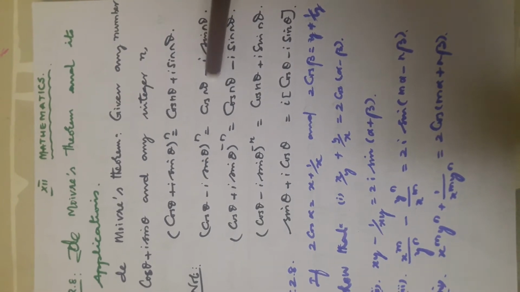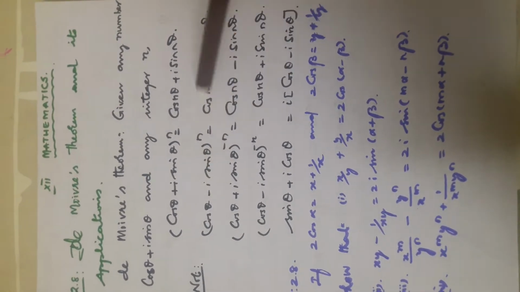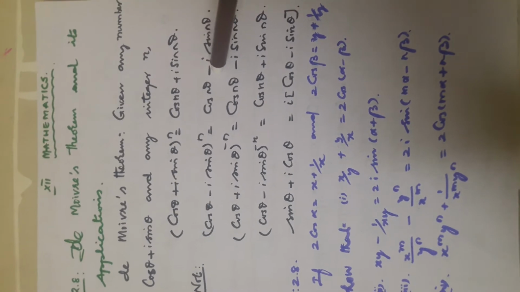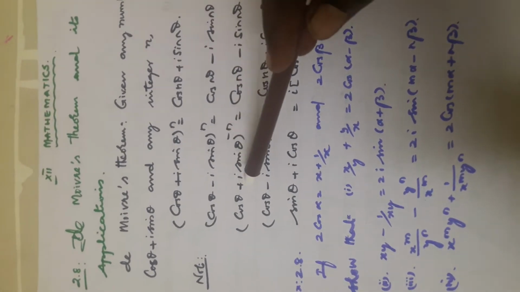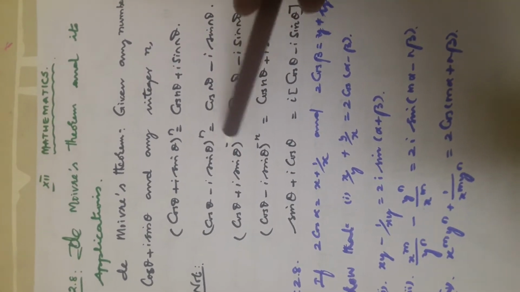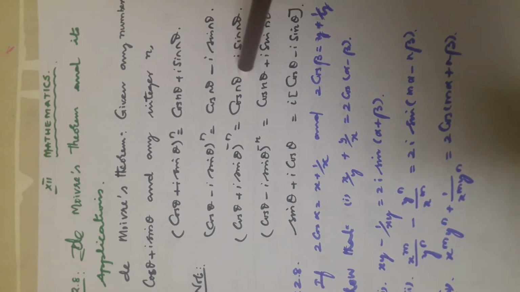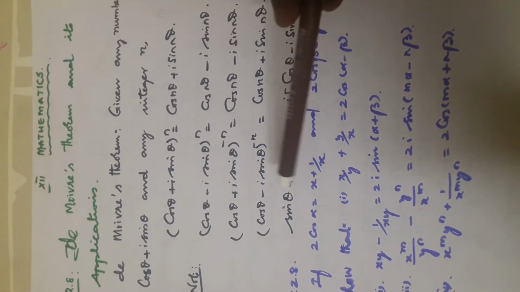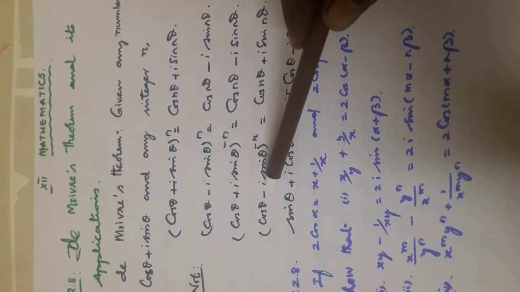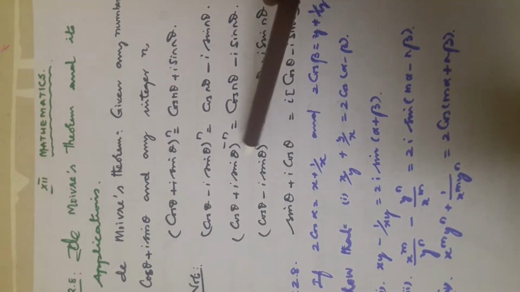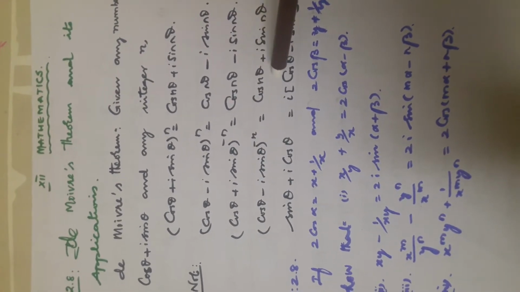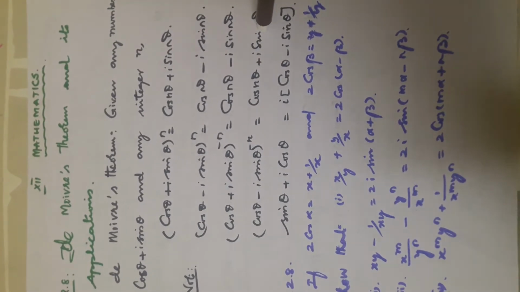Only the sign in the middle is minus, so the same thing is maintained here also. But here it is plus, and the power is minus n, so your answer will be cos n theta minus i sin n theta. Suppose the inside sign and the power are both minus, what will happen? You will get cos n theta plus i sin n theta.